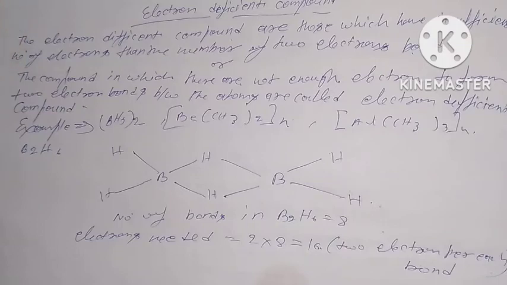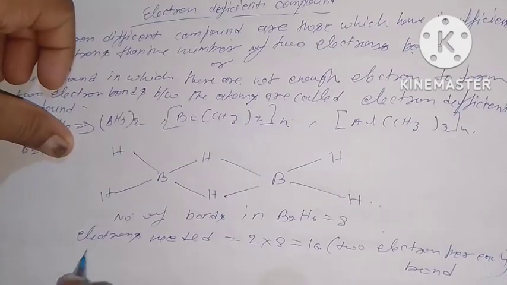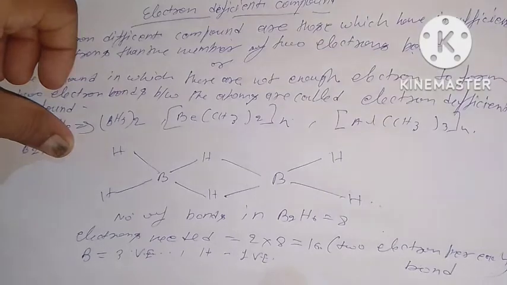Boron has 3 valence electrons and hydrogen has 1 valence electron.